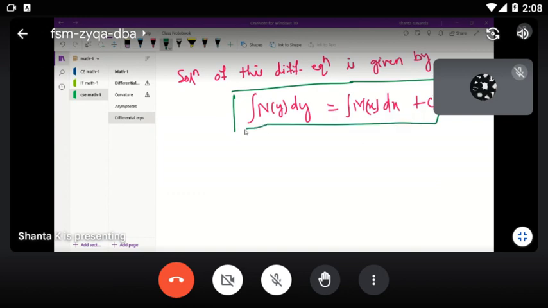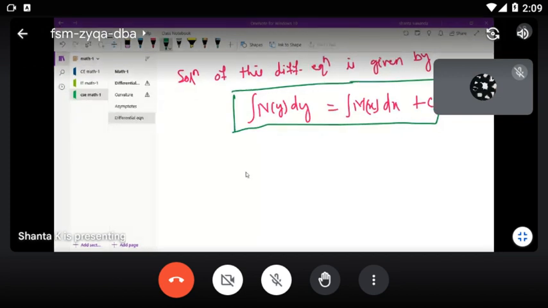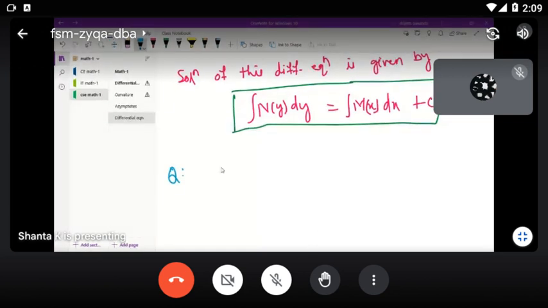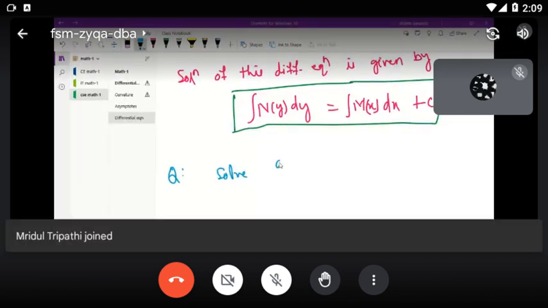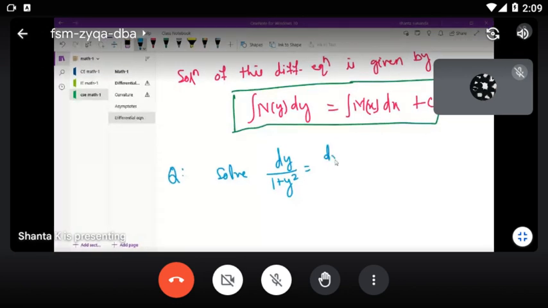We can look at one example here. Solve dy by 1 plus y square equals dx by 1 plus x square.